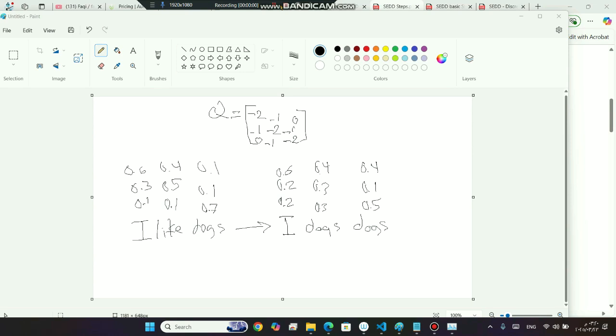But how do we exactly add noise? How do we practically add noise? Right now it was "I like dogs," and when we added noise, it became "I dogs dogs." But how do we practically do that?